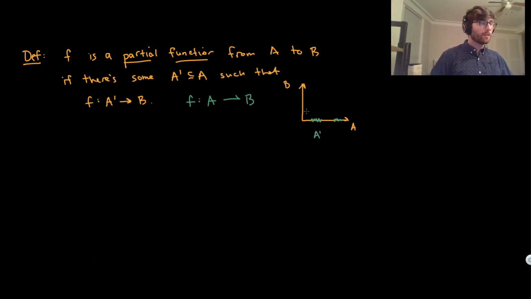Maybe our partial function looks something like this. Okay, I guess this fails the vertical line test, but let's pretend that it didn't. So this might be a partial function from A to B. So that is what a partial function is.